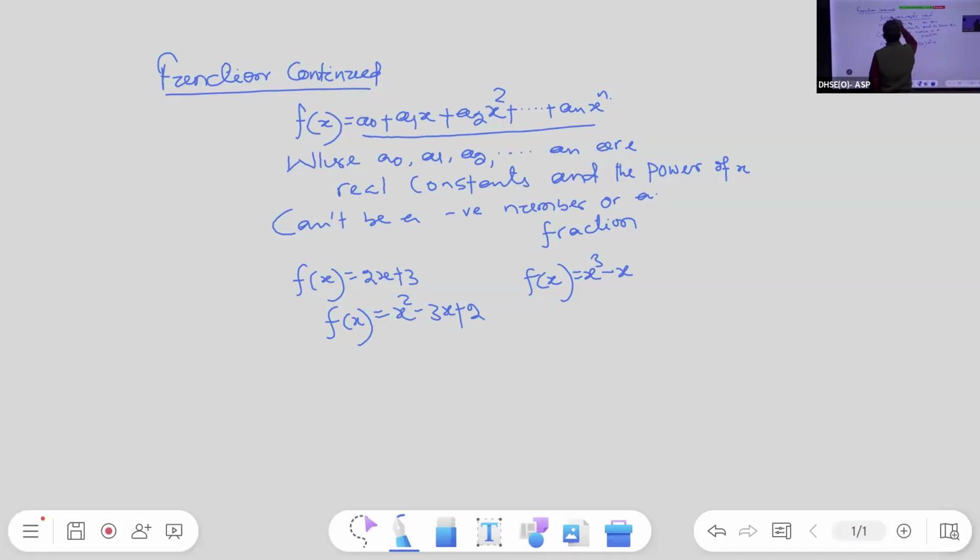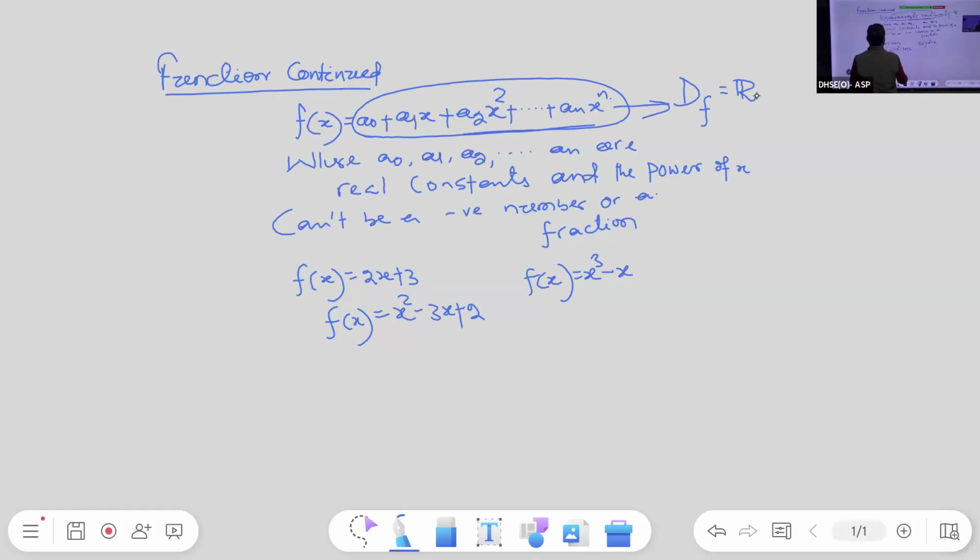For a unique value of x, there exists a unique value of y. So we can say that this polynomial function is defined for all real values of x, hence the domain of a polynomial function is R. Domain of any polynomial function is R.